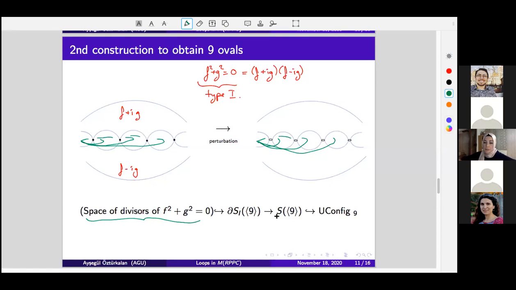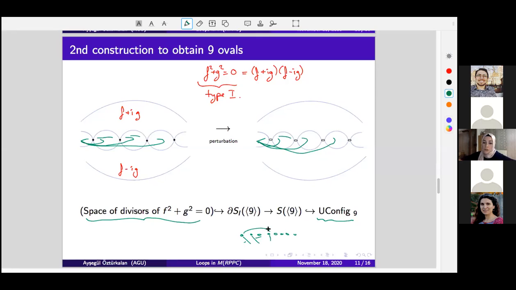And it has a perturbation to 9 oval curves. And indeed, these 9 oval curves can be taught by 9 configuration points. Configuration points, you know, these are the points that can go to each other. This may go to here, this may go to here.